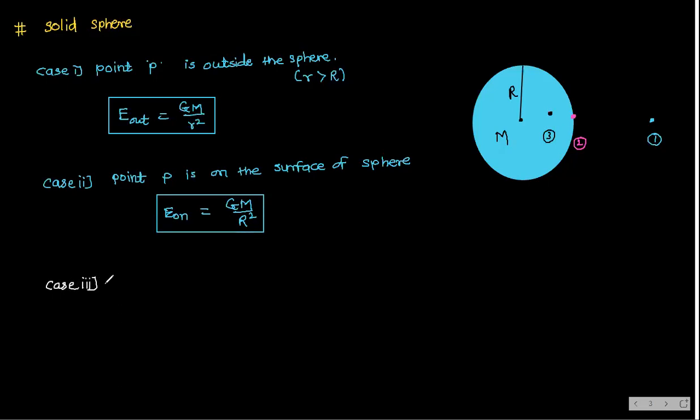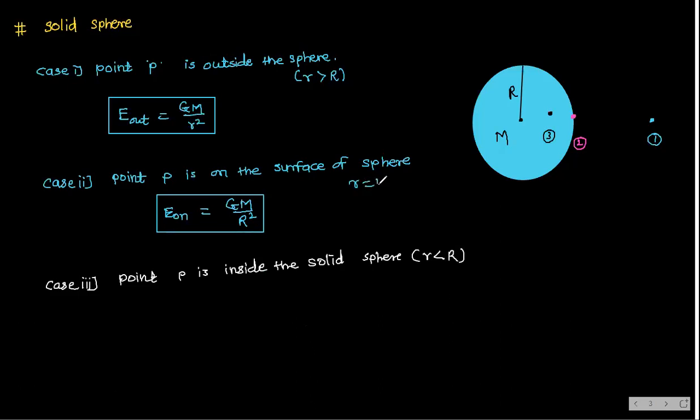Case number 3. Inside the solid sphere, that is, point P is inside the solid sphere. That is, small r is less than capital R. Here also, what condition will you write?